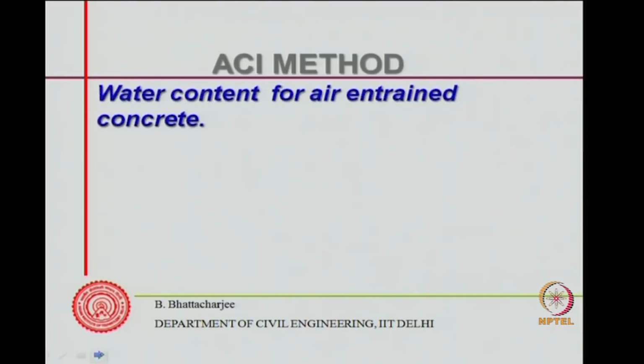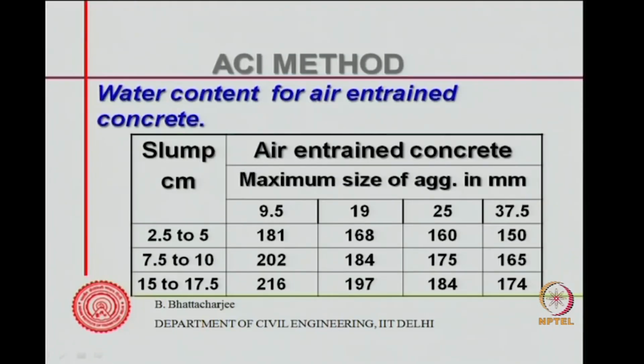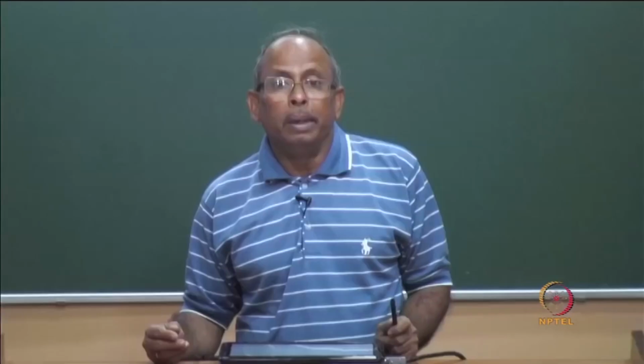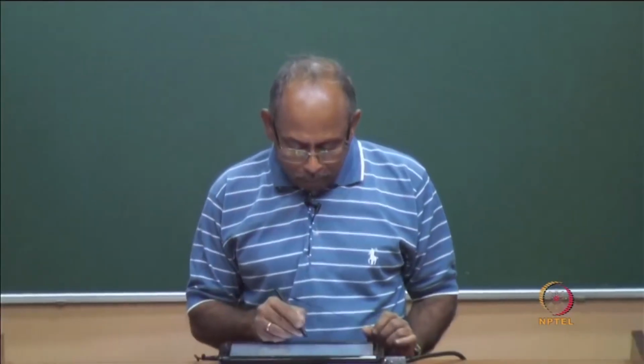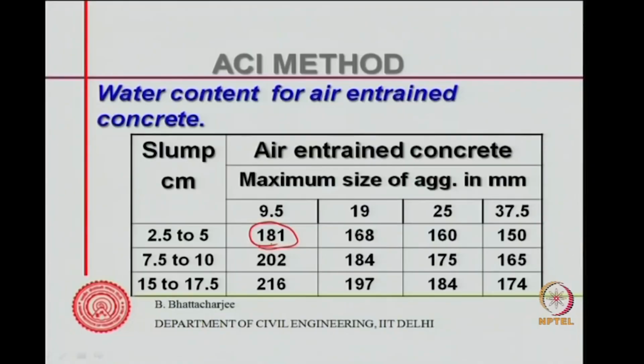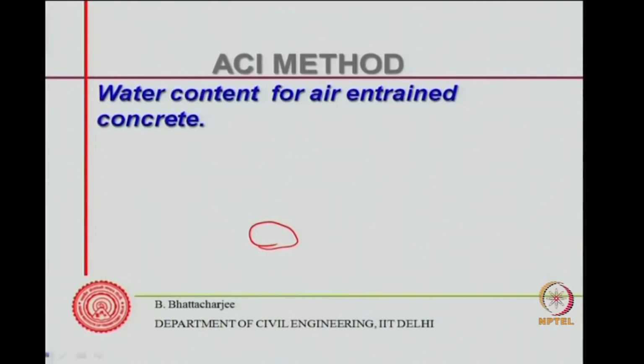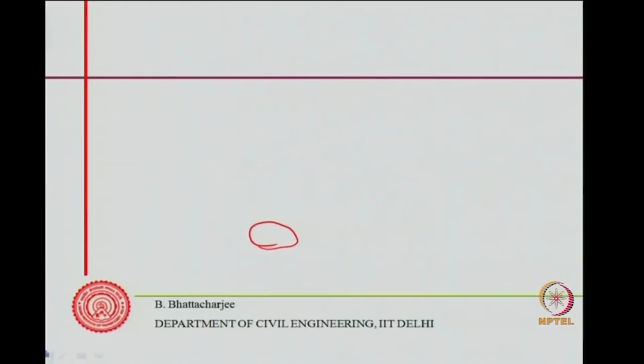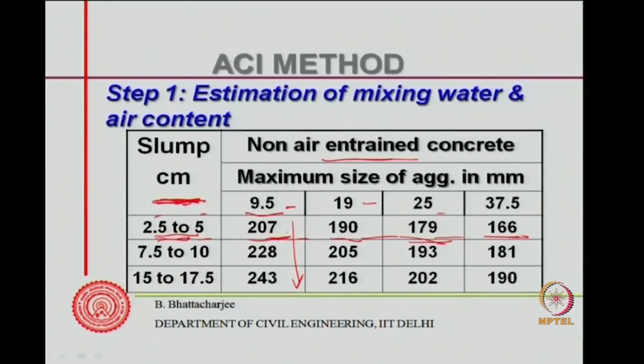For air entrained concrete, these water content values are somewhat less, because as I said, air entrainment tends to improve the workability. If you see, this is 181 for air entrained concrete, whereas for non-air entrained concrete the same value was 207.